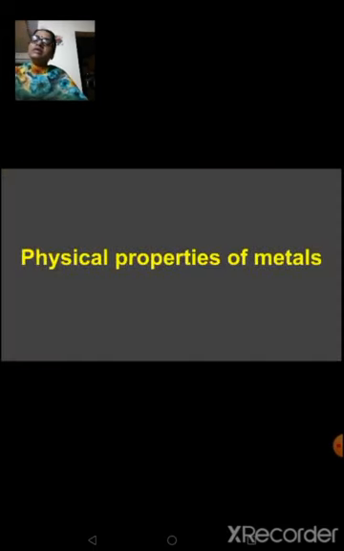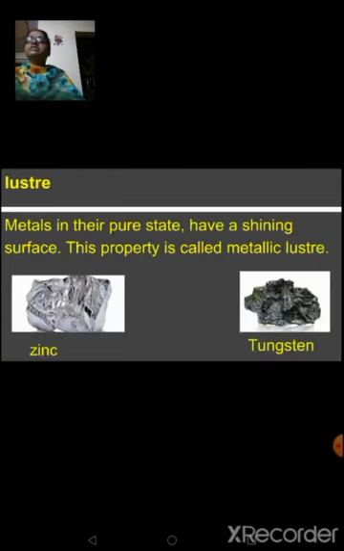In today's class, we will discuss the physical properties of metals. Let's begin with the first property of metals, that is luster. Metals in their pure state have a shining surface. This property is called metallic luster. Why do we choose gold, silver and all for making ornaments?